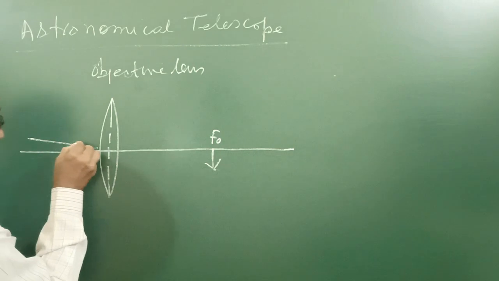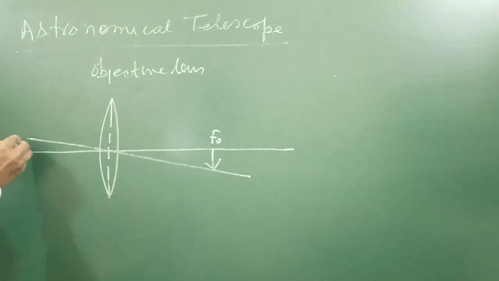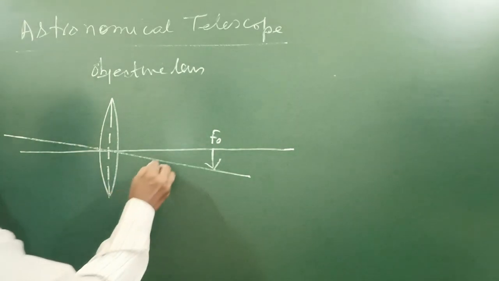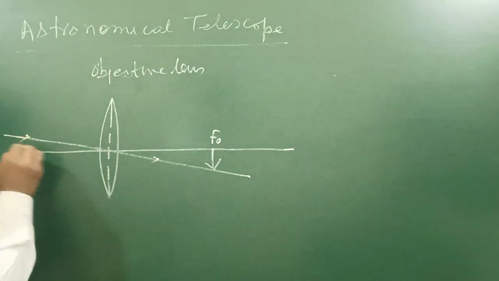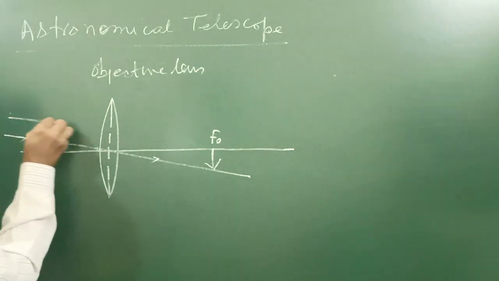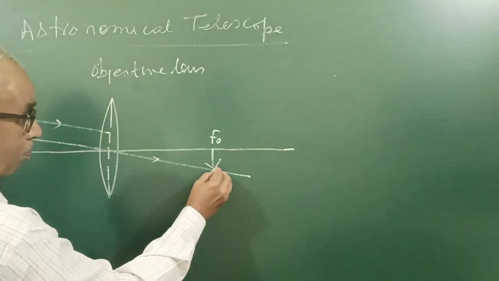You have a scale, put the scale and then join this point. Draw the diagram many times, you will be able to draw a straight line by your free hand. This is one ray. Take another ray close to it, parallel to it. These rays are from a parallel object, here AB is at infinity. And then pass through this point.